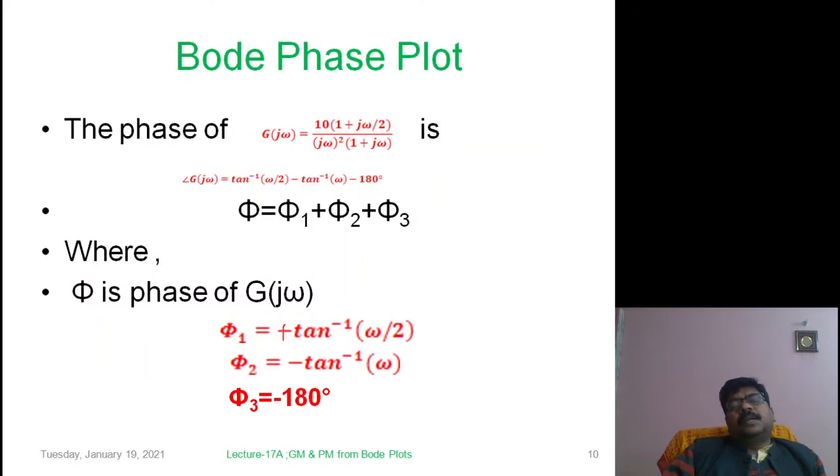Now for the same transfer function, we have to find out the phase angle contributed by each factor. Since 10 is a constant, it will not contribute any angle.